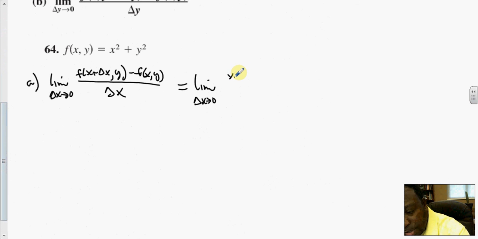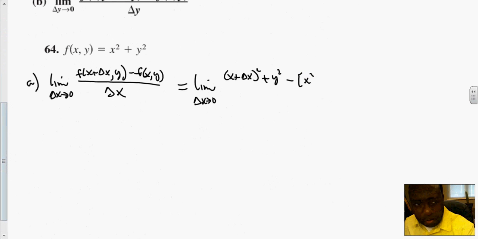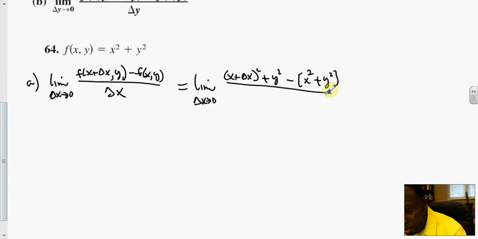So this is (x plus delta x) squared plus y squared, minus the function, x squared plus y squared, divided by delta x.